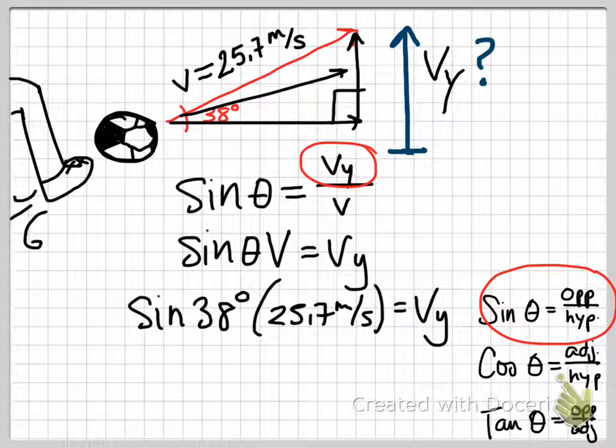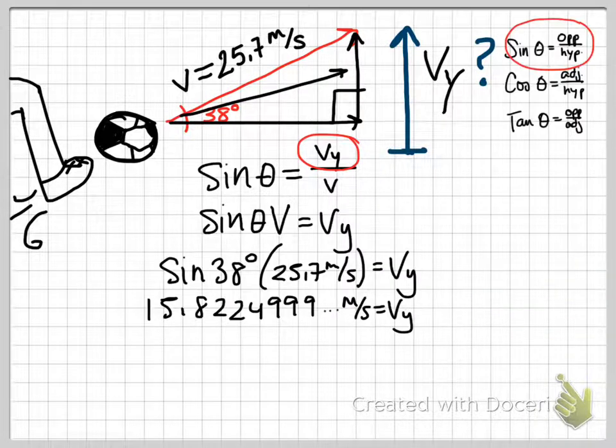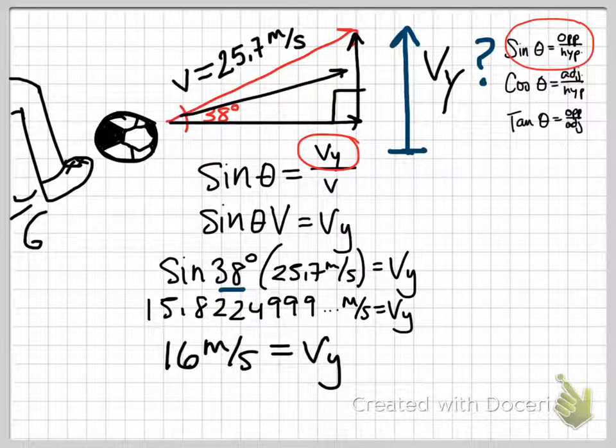Sine of 38 times 25.7 meters per second equals velocity on the y. We get a raw value of 15.822499, etc., meters per second. We're limited to 2 sig figs because of our angle. So we find that if this thing were going only straight up, its velocity is 16 meters per second. So that's its upward velocity.